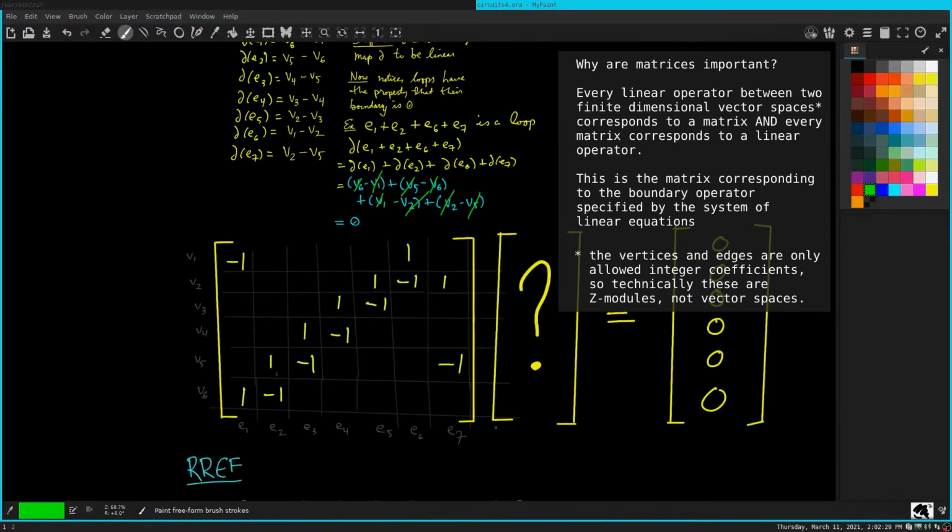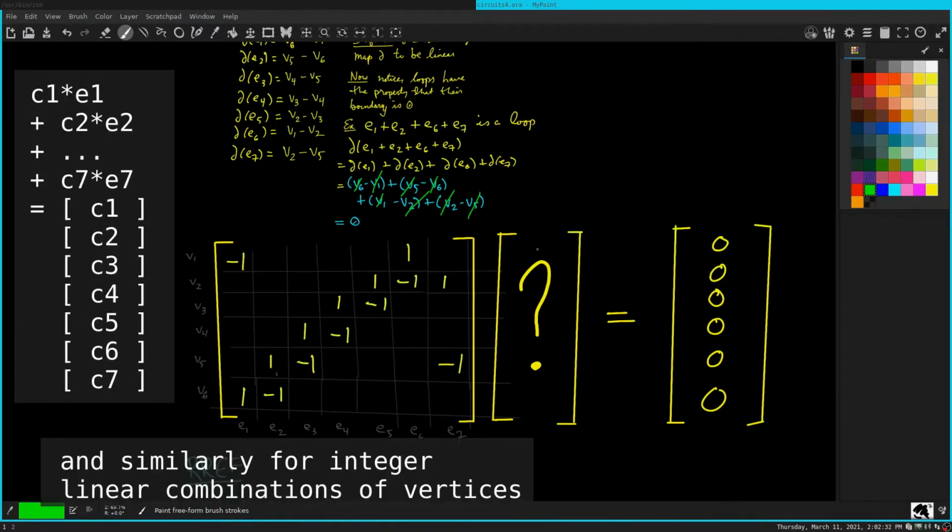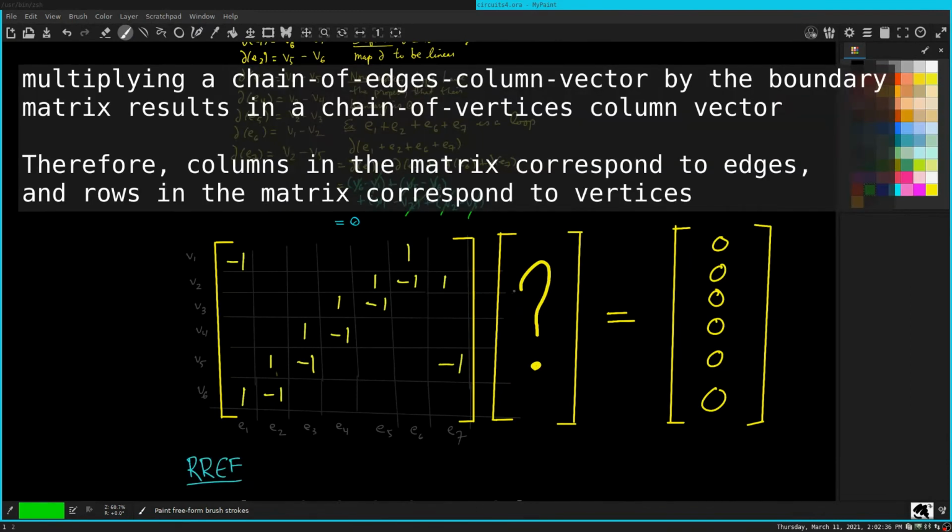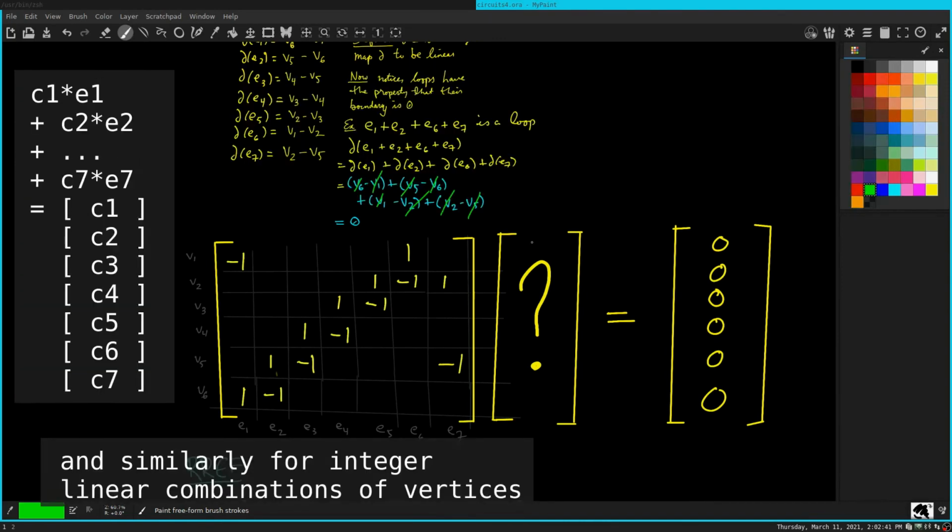So the columns correspond to edges, and so we put in a column vector of whatever weights on the edges. What's meant to go here is that if you have something times E1 plus something else times E2 plus something else times E3, you put those coefficients in the column vector in order of E1, E2, E3, E4, E5, whatever. You get the point. So if you're just talking about E1, you put a 1 here and zeros everywhere else. If you're just talking about E2, you put it there.